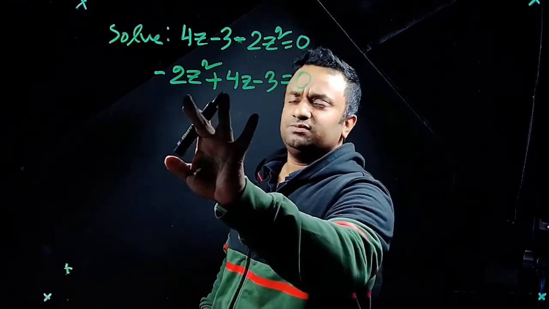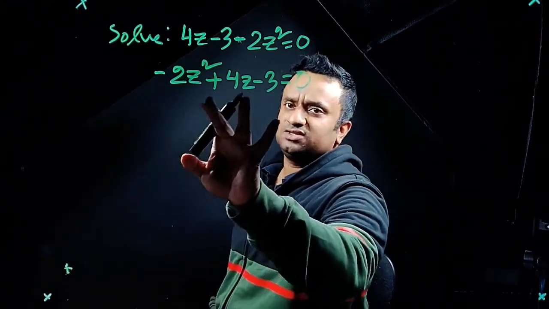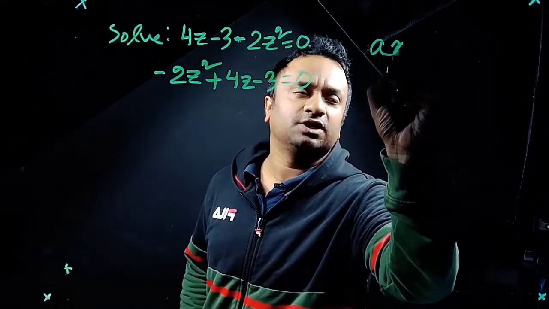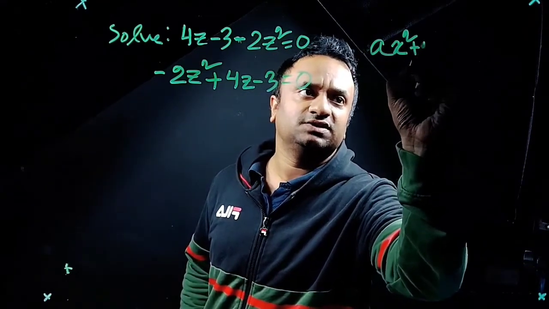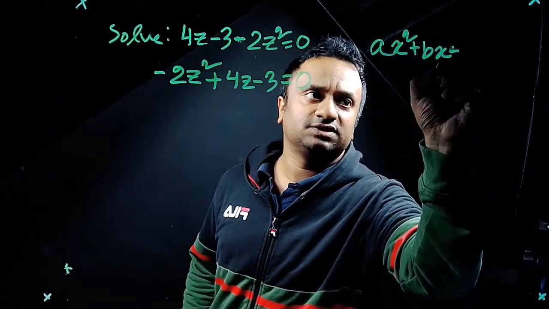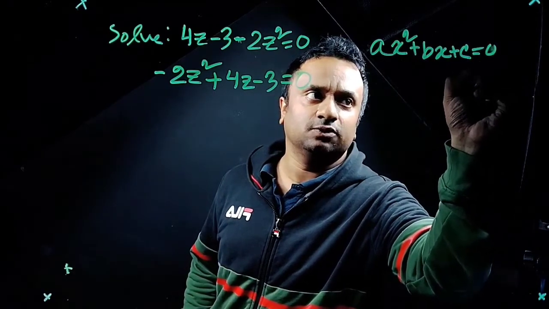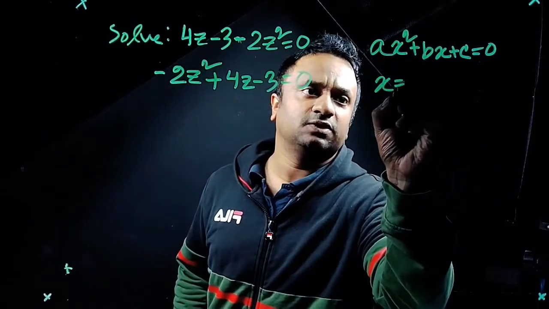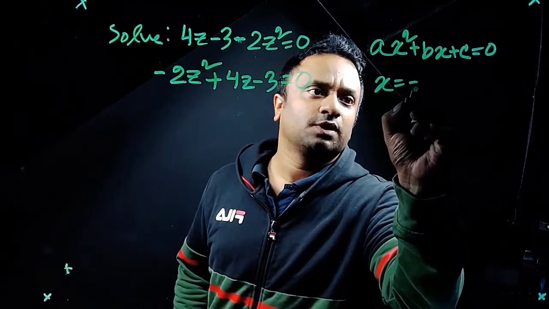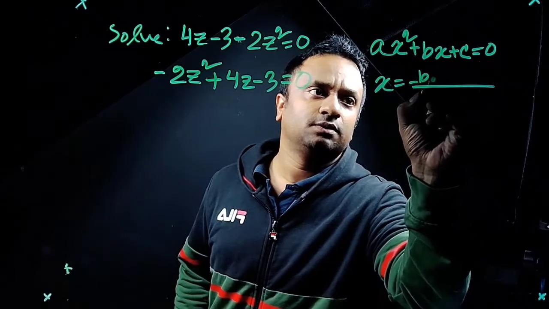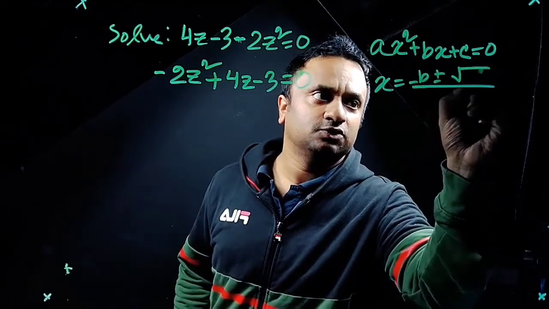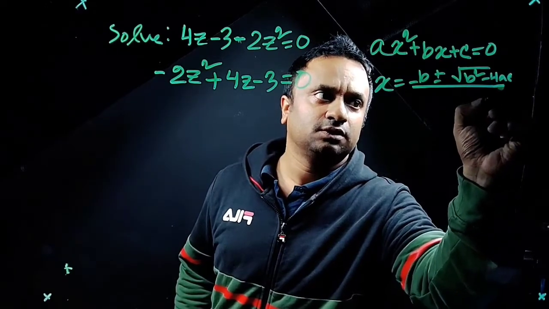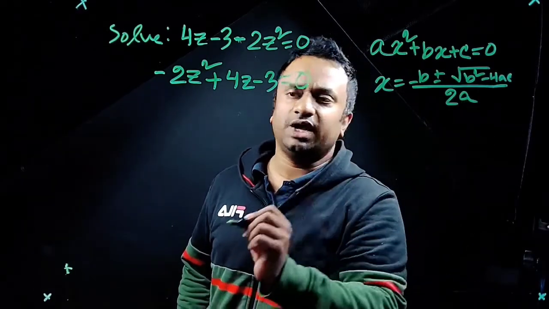Now this is an equation of the form ax squared plus bx plus c. We know that a quadratic equation is ax squared plus bx plus c equals 0. Now the solution of this equation is x equals minus b plus or minus root over b squared minus 4ac divided by 2a.